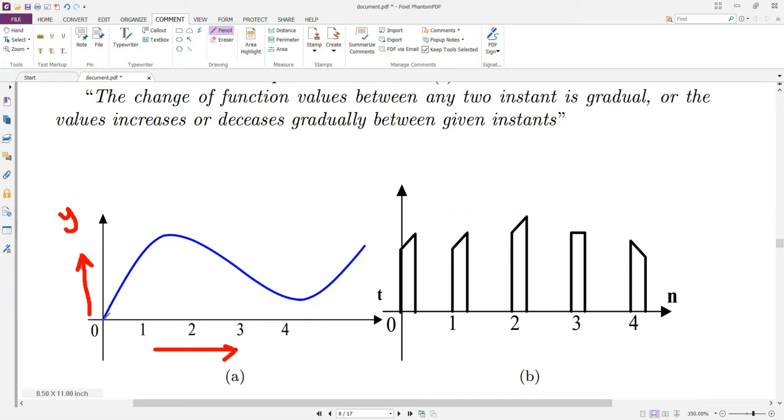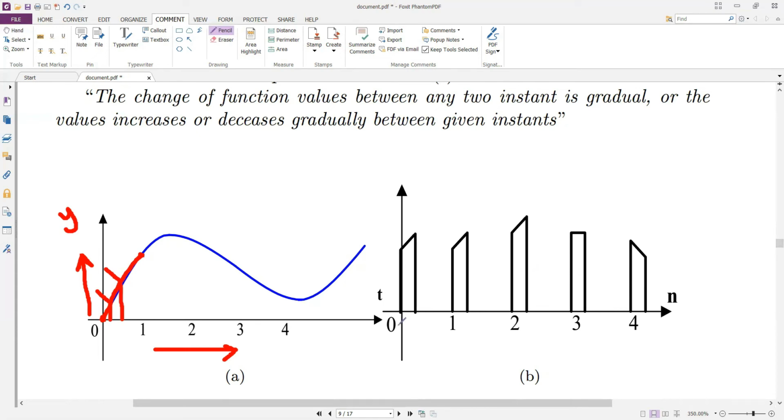For example, if we look at the signal at t is equal to 0, and at t is equal to 1, you can see that the signal is continuously defined between these two points. If we take any two points, there can be infinite number of values of the signal in between. So this particular signal is continuous time as well as analog in nature.